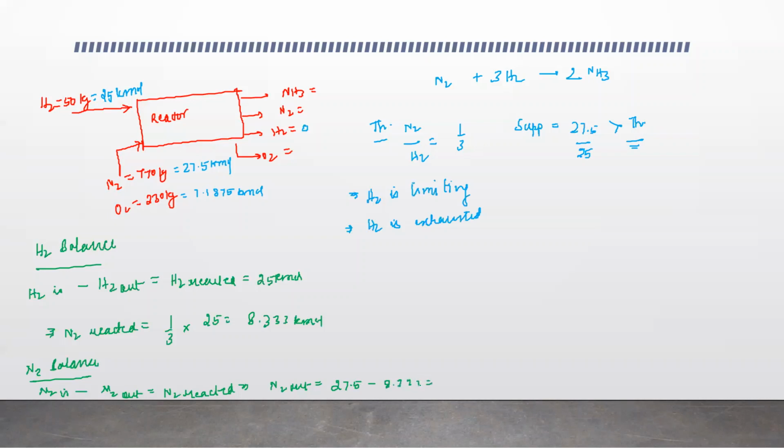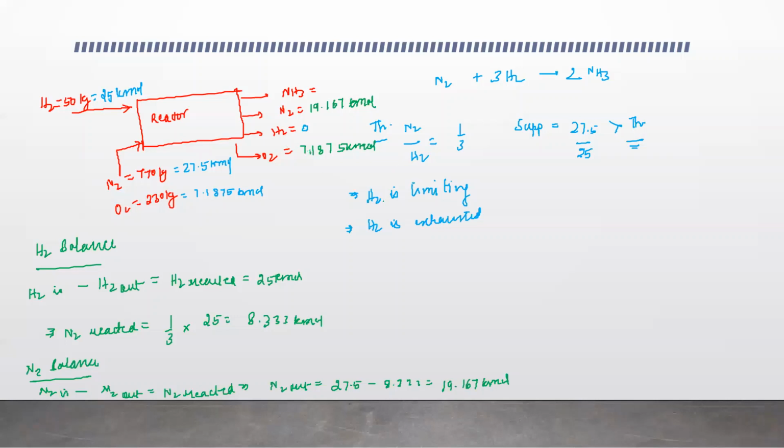Hence, nitrogen is 19.167 kilomole. Then oxygen, of course, there is nothing with respect to oxygen in the reaction, so oxygen is not going to change at all. It stays 7.1875 kilomole as it is.